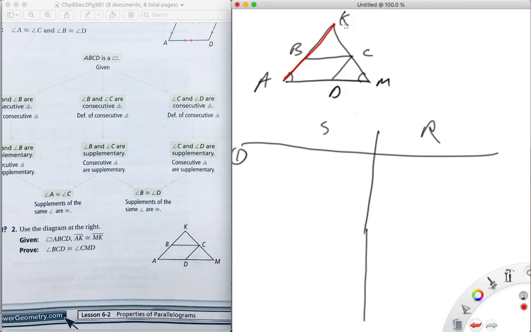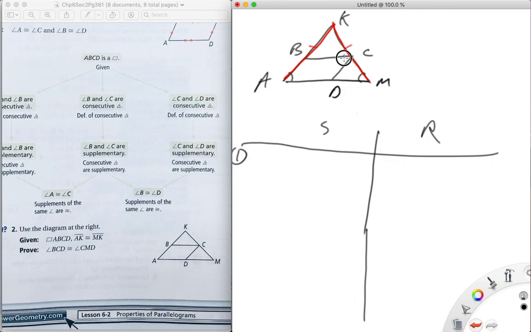AK and KM are the same. They're congruent. So what does that mean? If you remember the isosceles triangle theorem, then I know that if the two sides are congruent, then the angles opposite are congruent. So I can say the angle A is congruent to angle M.